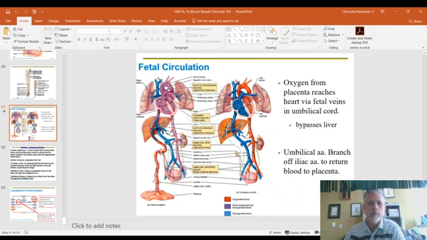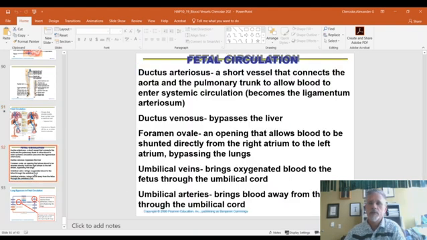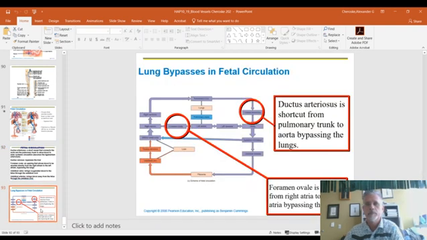And then finally, we have the umbilical arteries, which would be taking fetal blood out to the placenta to do oxygen and nutrient and waste product exchange. And ultimately, that becomes the medial umbilical ligaments, again, with no circulatory function. Okay? So that's how we would compare our circulation of the fetus and the adult.